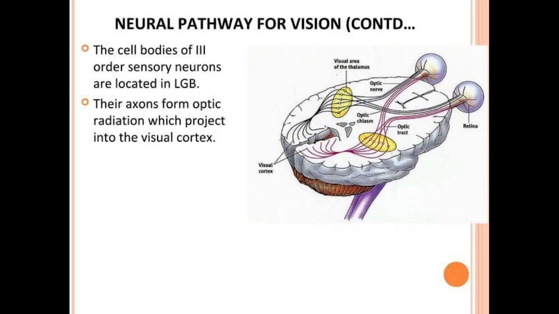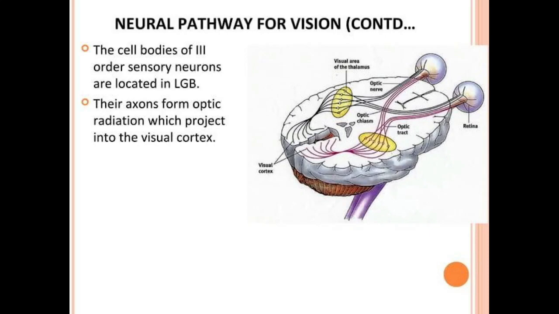The optic radiation is made up of axons that originate in the lateral geniculate nucleus of the thalamus, which receives input from the retina of the eye. The axons then pass through the posterior limb of the internal capsule and terminate in the primary visual cortex, also known as V1 or the striate cortex.